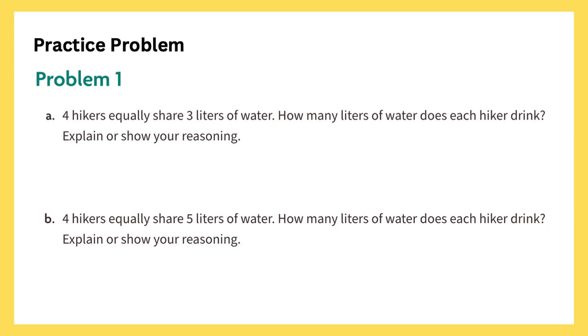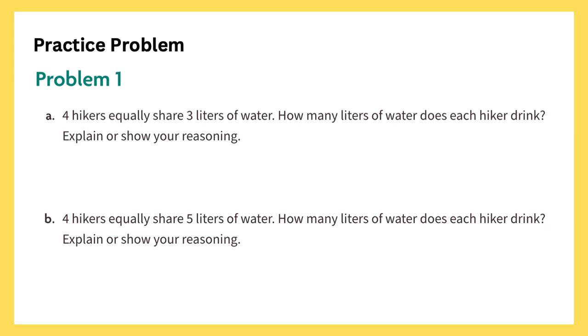All right, if you're following along in your book, you can go ahead and close it. We're not going to be doing activity 2 because we can't use our card sort in the video. So instead, we're going to do a practice problem from this section. This is problem number 1.